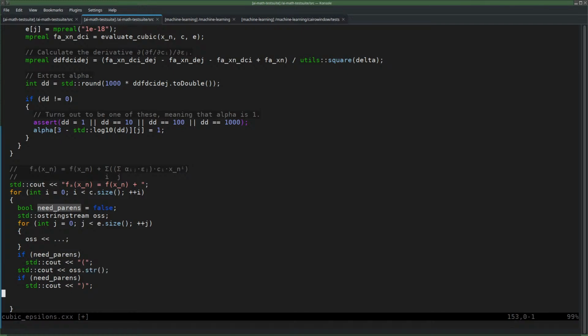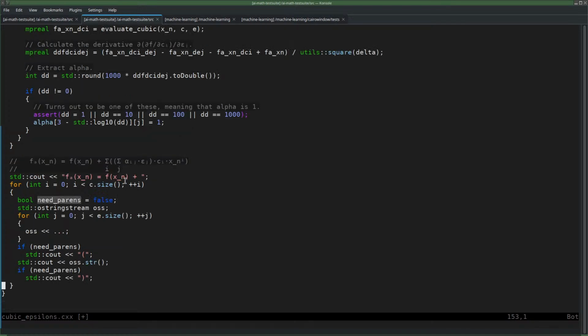That was a better way to do that, printing from a string, but something with rdbuf or something. I don't want to be bothered with it right now. So this prints whatever is here with or without parentheses, and now we have to multiply that with this part. So I think that's always there.